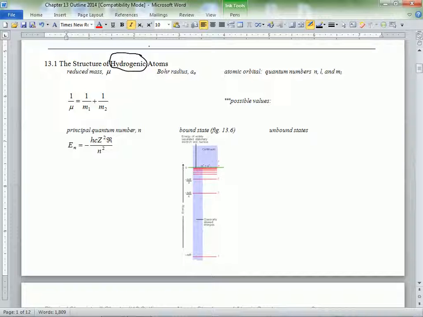Now, let's see who remembers their concept preview here. We have a hydrogenic atom, so that means we've got a nucleus and an electron. We need to be using reduced mass when we want to distinguish between... maybe this isn't a good example.